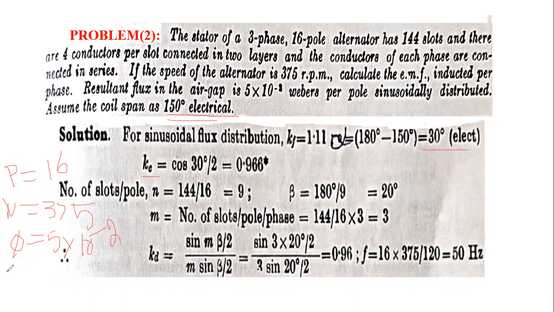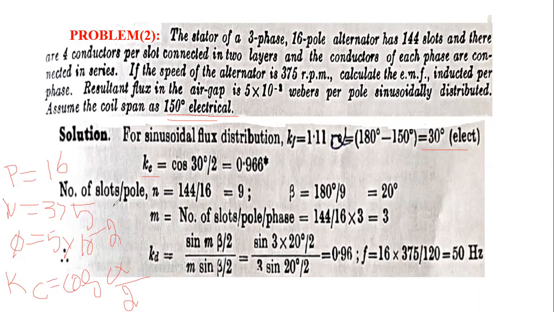Then we calculate the Kc value. What is the formula for Kc? Kc is equal to cos of alpha by 2, where alpha is equal to 30 degrees, 30 by 2.